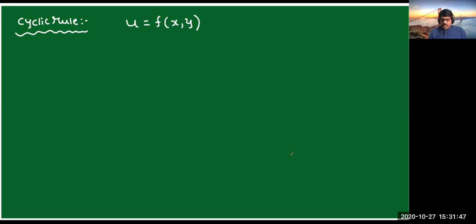So first let us understand what this cyclic rule is. Let us take a function u, which is a function of x and y.